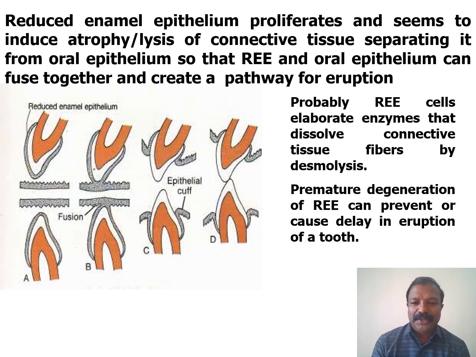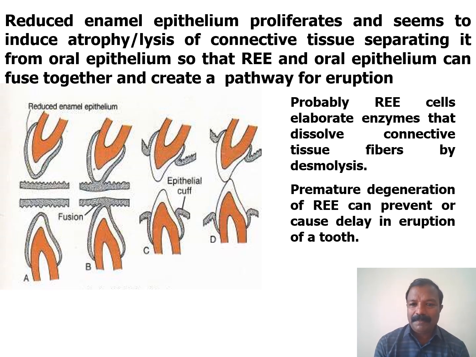So here the reduced enamel epithelium plays a major role. They proliferate and seem to induce atrophy or lysis of the connective tissue separating the reduced enamel epithelium from the oral epithelium, so that the reduced enamel epithelium and oral epithelium can fuse together, and it will create a pathway for eruption.